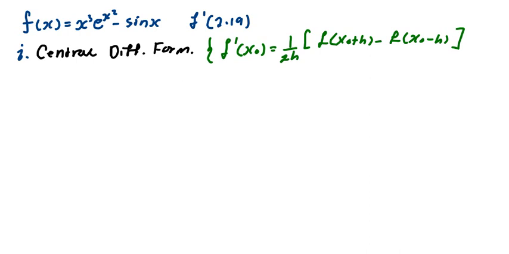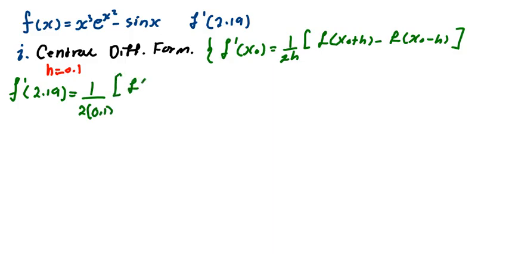All we have to do now is to perform some substitutions. So f prime of 2.19 would be equal to 1 over 2 times 0.1, since I've started with h equal to 0.1. So this will be f of your x naught, which is 2.19, plus your h, which is 0.1.